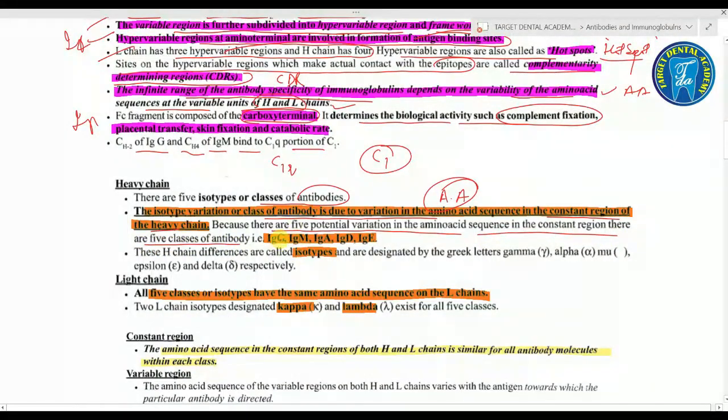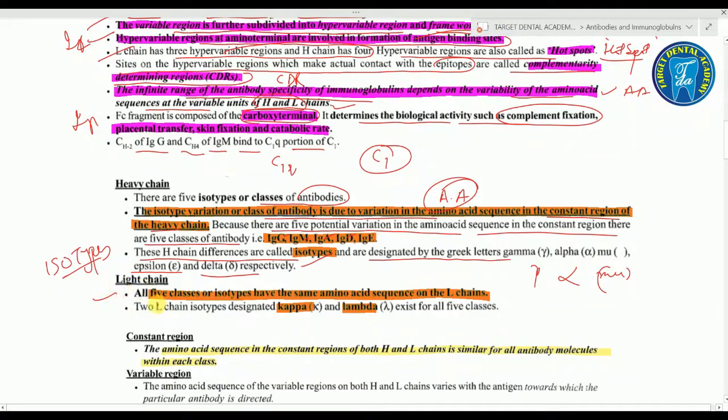What are they? G, M, A, D, E. These heavy chain differences are called isotypes, and they are designated by the Greek letters gamma, alpha, mu, epsilon and delta.